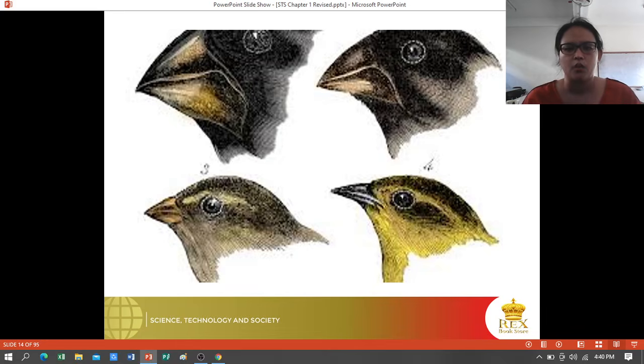Sabi pa niya, why? Then these upper two finches which have a bigger beak, their location is different from these two here, na nasa baba, these two finches that have small beaks.